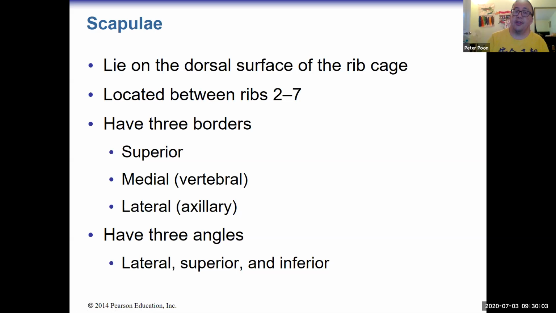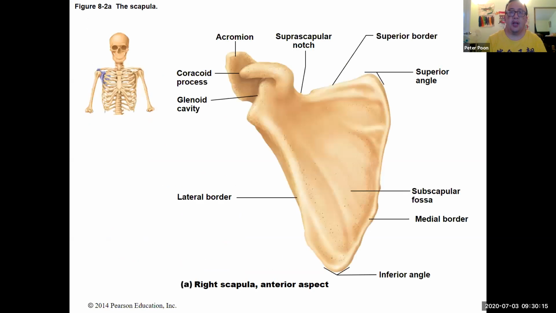The lateral border is also called axillary, because that's where your armpit is. And it has three angles: superior angle, inferior angle, and lateral angle.